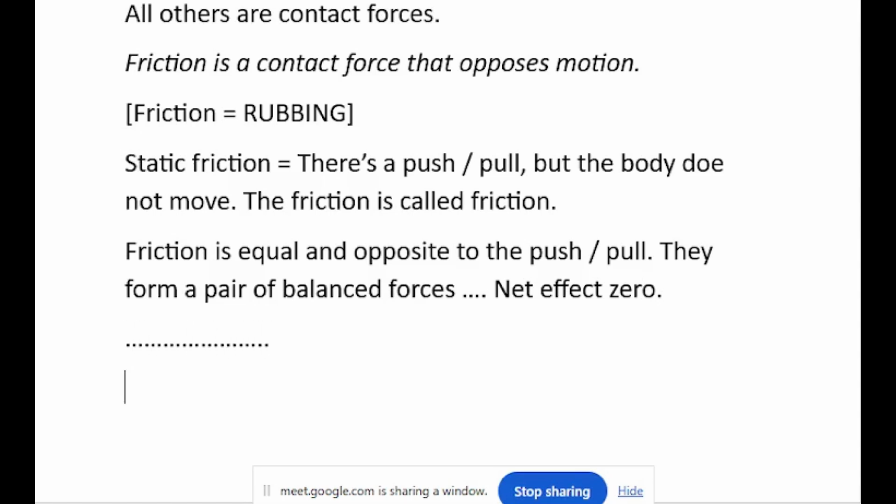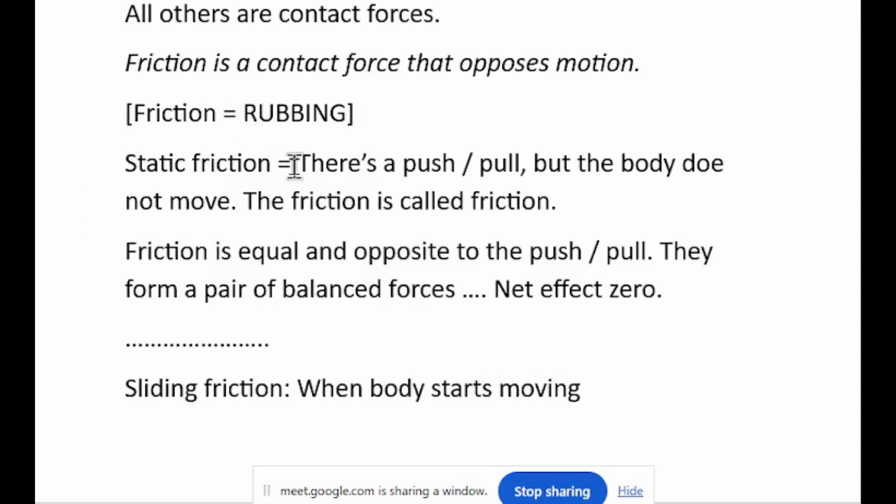Next is what we call sliding friction. When the body is actually moving. Static friction: the body is not moving, the body is at rest.